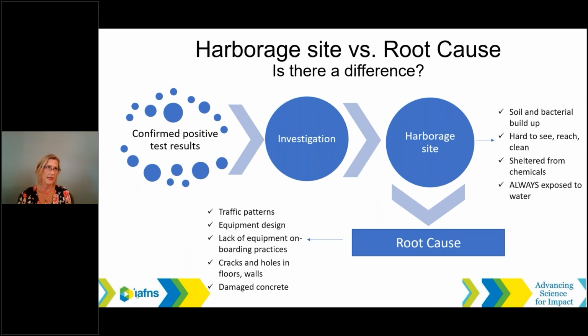Those are all examples of how bacteria can migrate in, translocate from, just as John said, a zone 4 to a zone 3, and then once it's in a zone 3, perhaps to a zone 2 and to a zone 1. If that translocation stays in an area, that area can become a harborage site. Next, please.